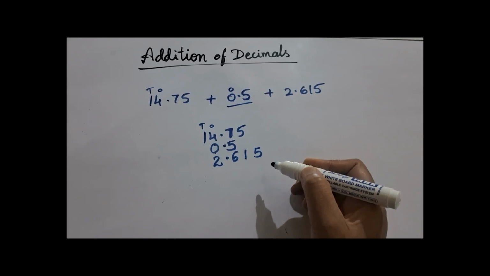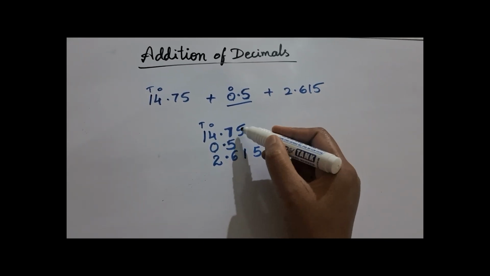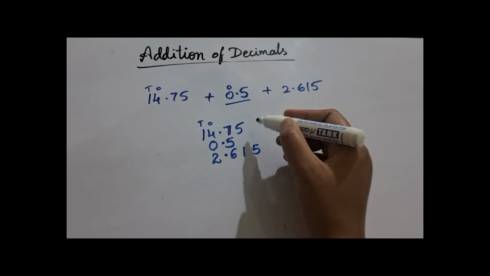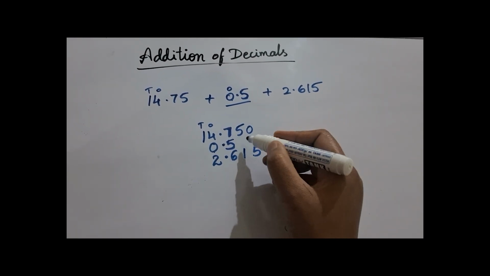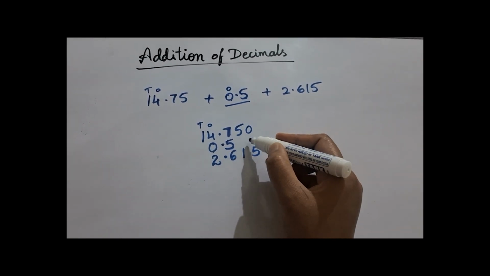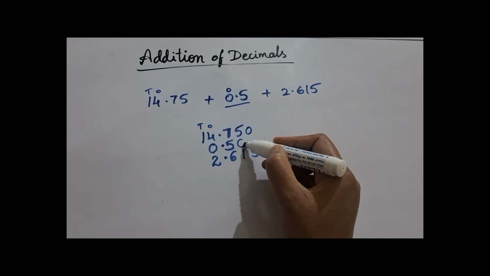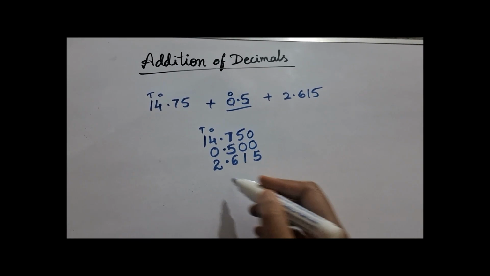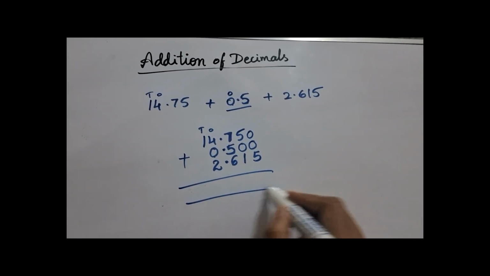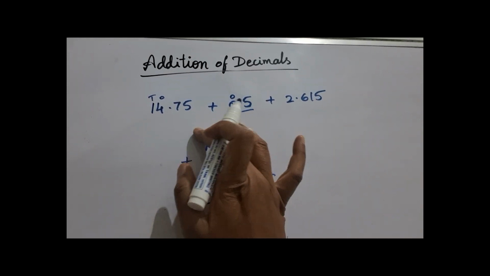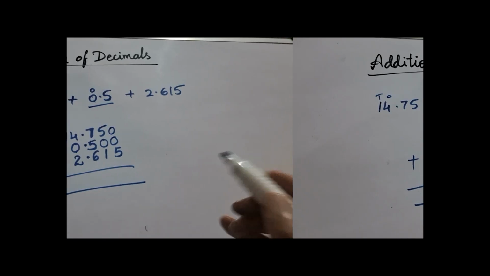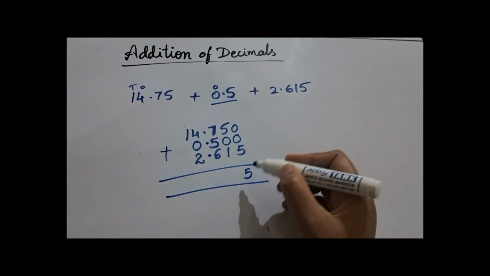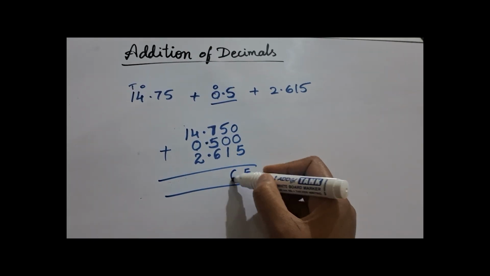Okay, children. Now here we can observe that for this one and this two, these places are missing. No digit is there in this place. That means you can simply put zeros in those places, children, and then we need to add. 0 plus 0 plus 5 is 5, 5 plus 1 is 6.